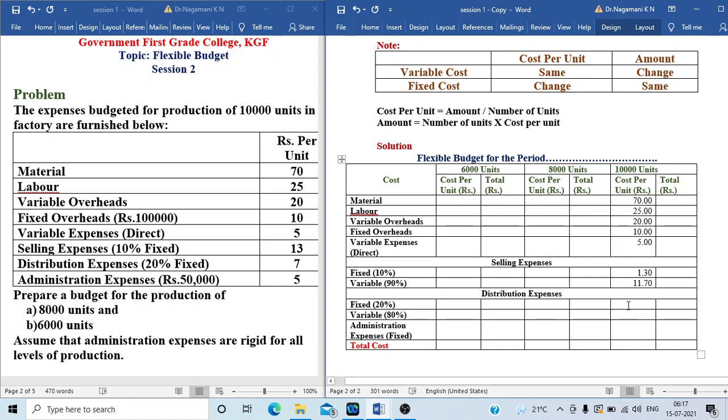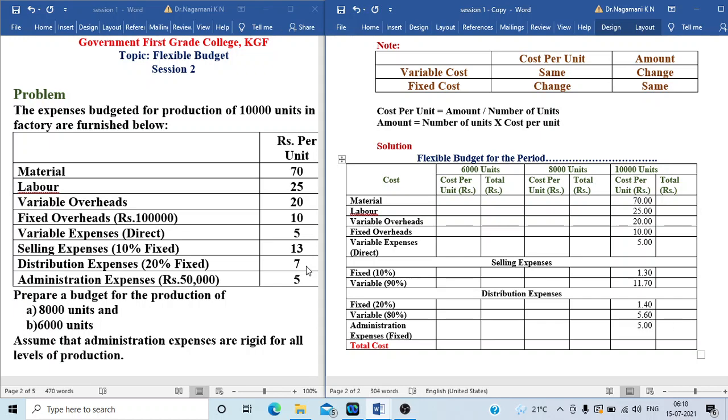Then distribution expenses fixed 20% means cost per unit is 7. 7 into 20% is 1.40. Then variable expenses are 80% means 7 into 80% is 5.60. At the end, administrative expenses 50,000 amount is given and the cost per unit is 5.